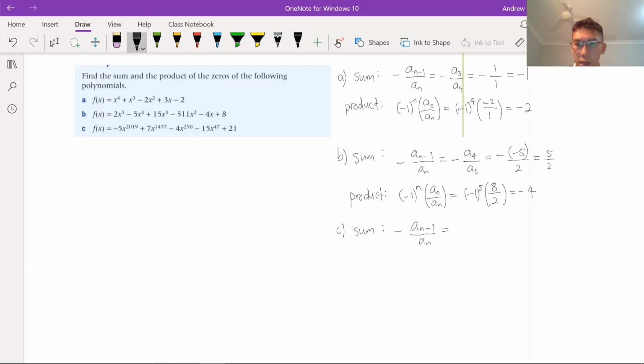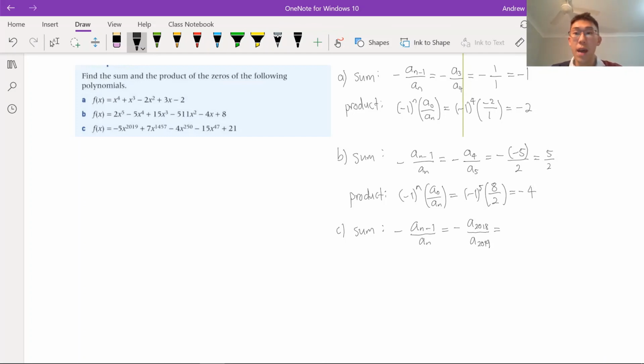Alright, so in this case, our highest power is 2019, so n is 2019, so n take 1 is 2018. And then a n is just going to be a 2019.